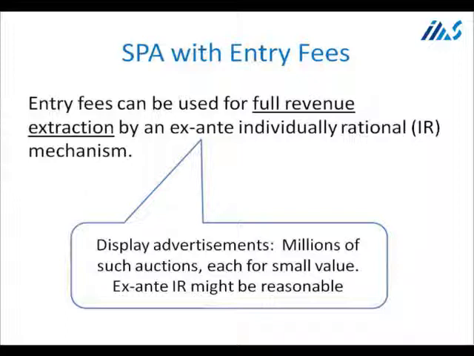And this kind of mechanism might not be reasonable because it is only ex ante individually rational, which means that I might charge somebody the expectation, but at the end of the day he only gets a low value item, right? That might not be very reasonable, but maybe in this setting, since we have actually millions of impressions and each one is a very tiny deal, then on average, everything will be fine.